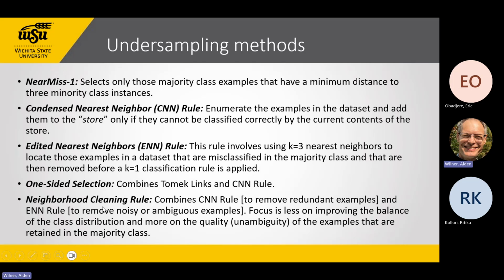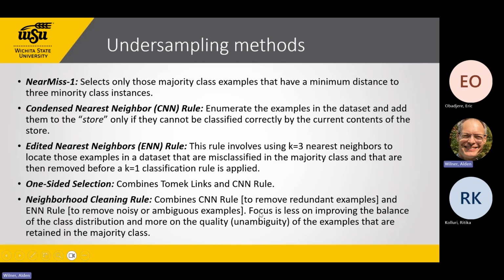And the neighborhood cleaning rule, and I call this the nosy neighbor homeowners association rule, right? You combine the condensed nearest neighbors with the edited nearest neighbors. So you remove redundant examples here, and we remove noisy or ambiguous examples down here.